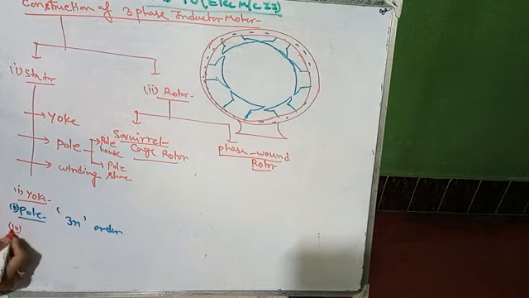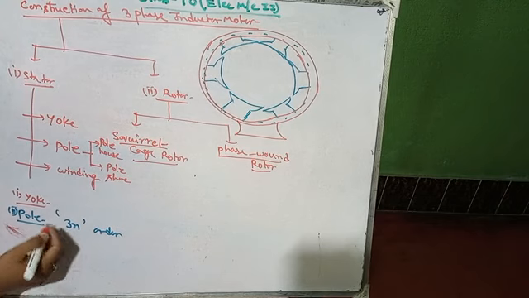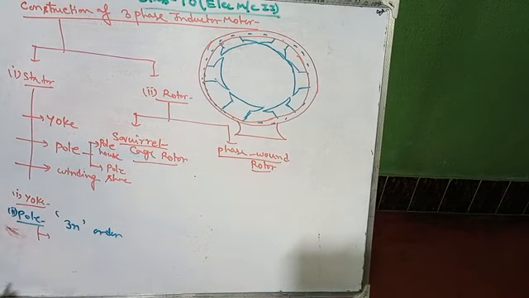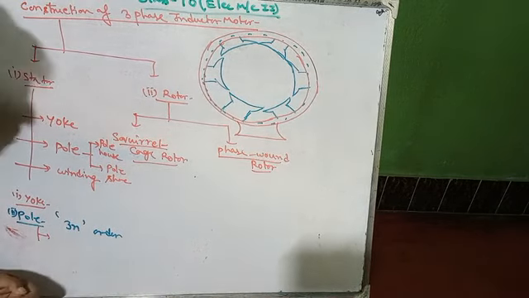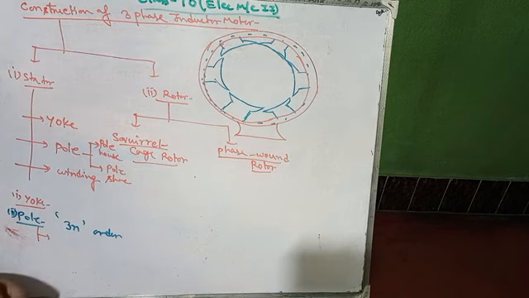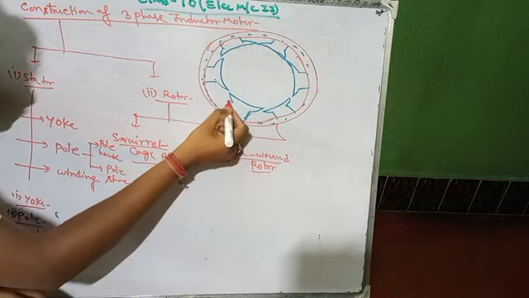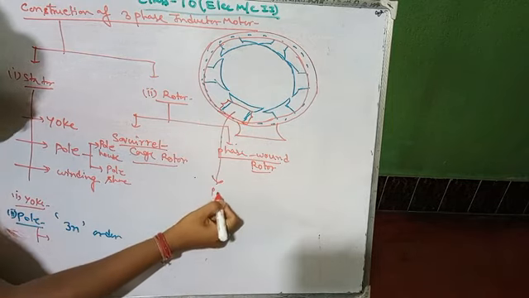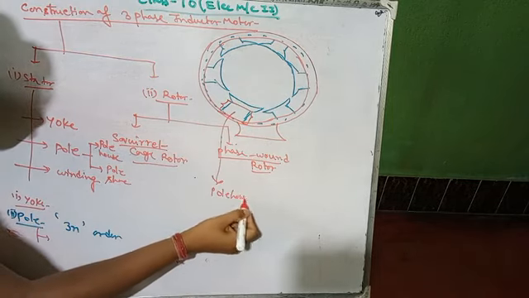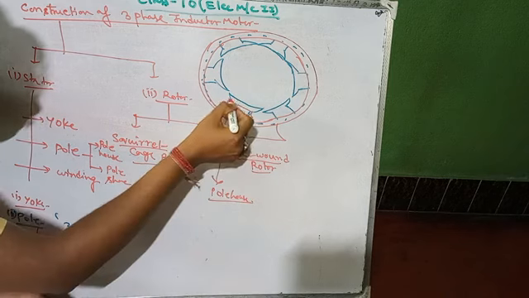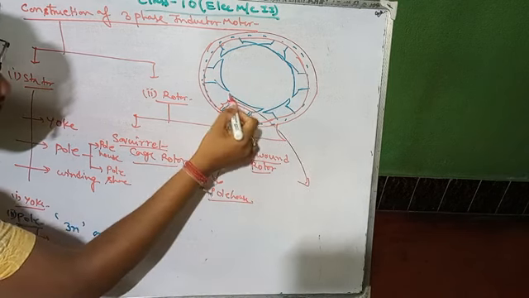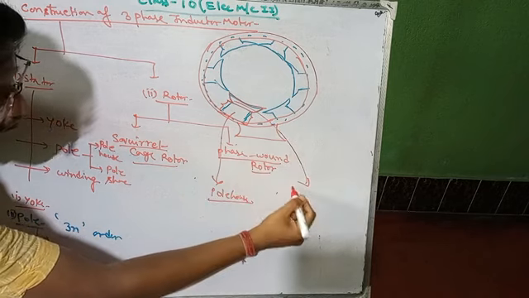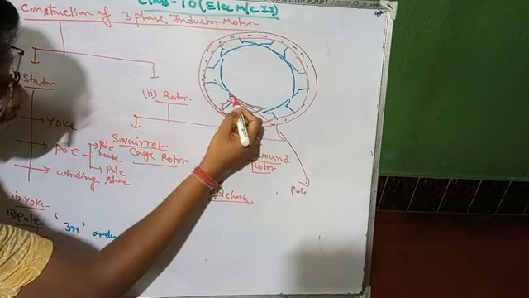Next, write that the pole consists of two parts: pole house and pole shoe. This section is pole house and this section is pole shoe.